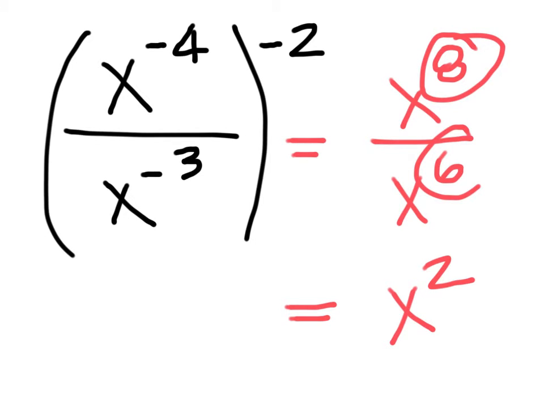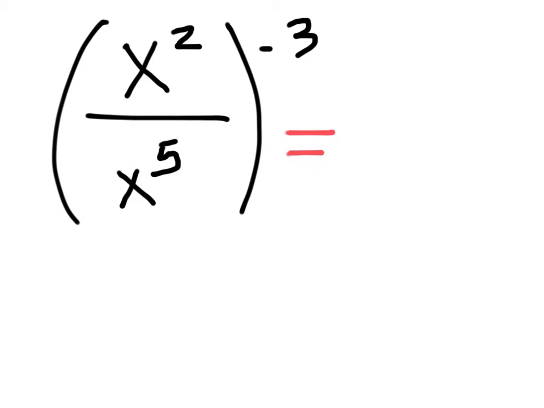And what operation do you do with the exponents? X to the 8th over x to the 6th. What operation do we do with those exponents to get x to the 2nd? Subtract. Yes, we subtract.